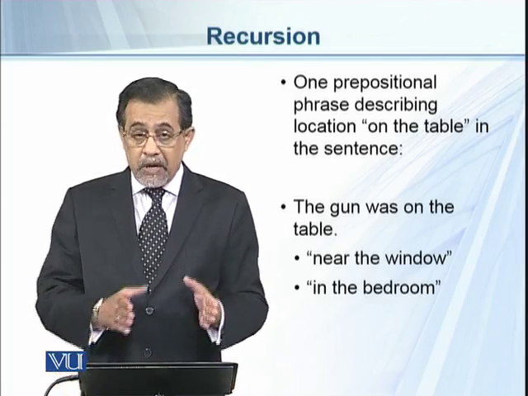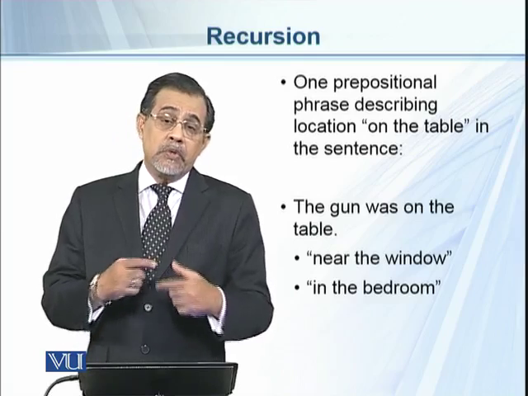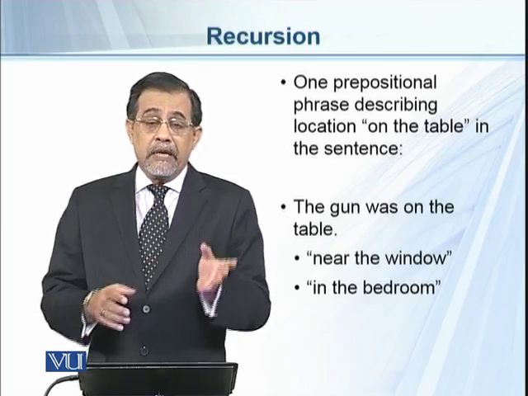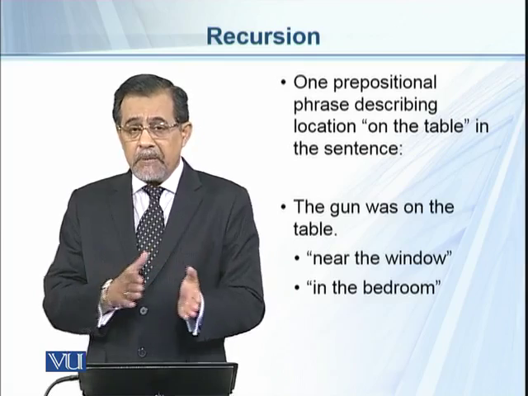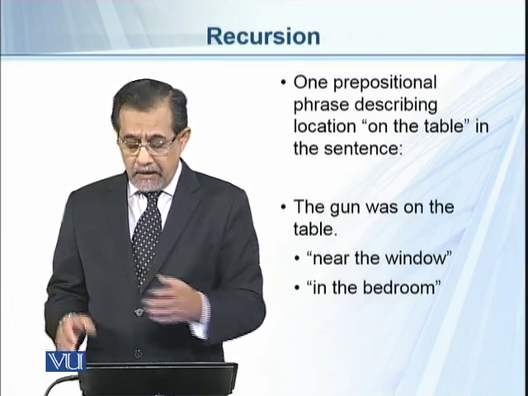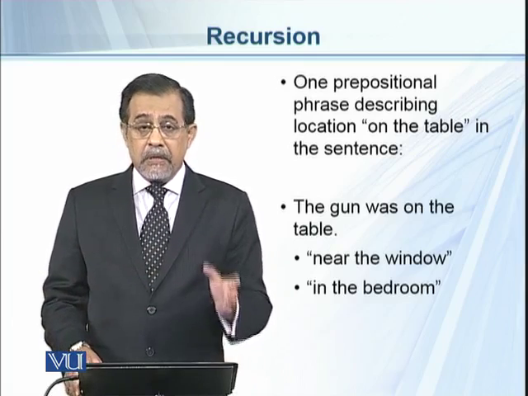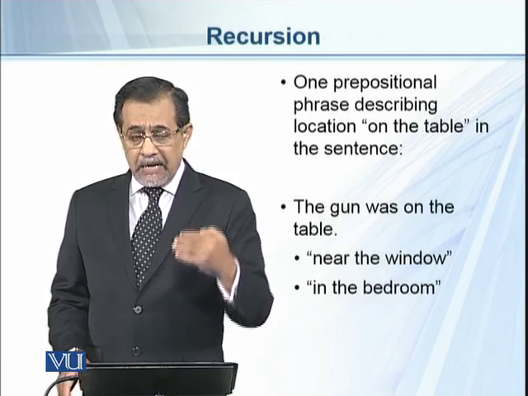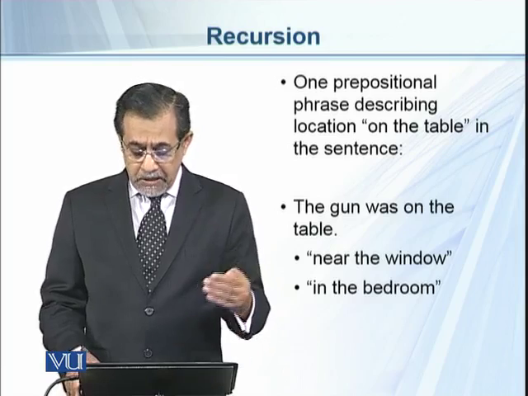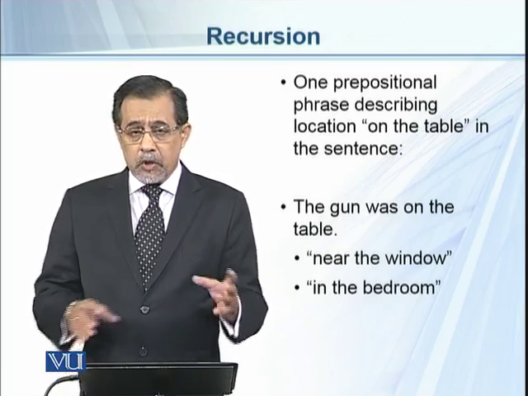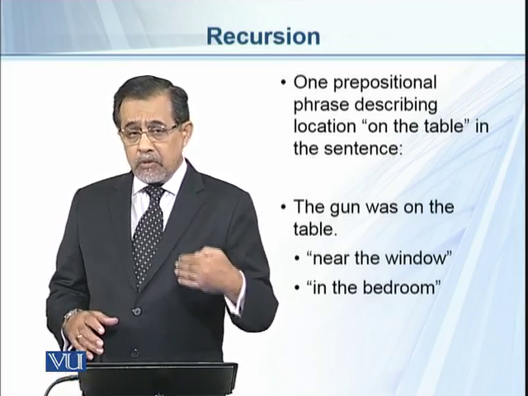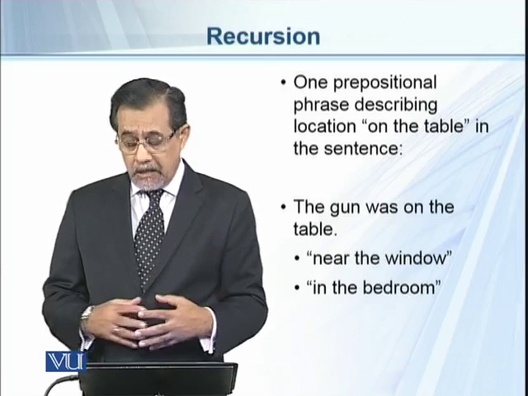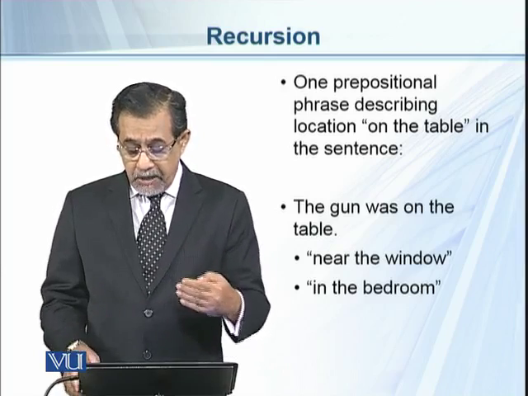So what we did is that we used the recursive rules, that we repeated the same prepositional phrase again and again. On the table, this is the first prepositional phrase, and then we added a subordinate prepositional phrase near the window, and then again a subordinate prepositional phrase in the bedroom.